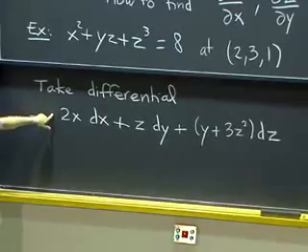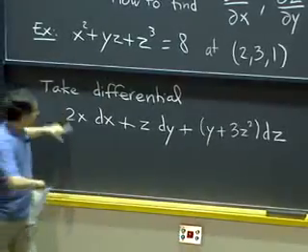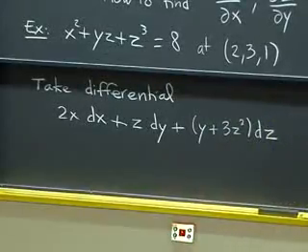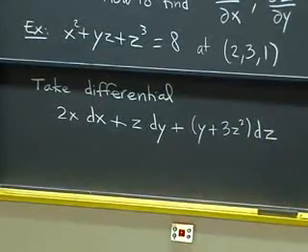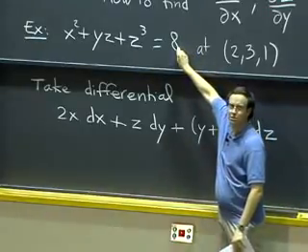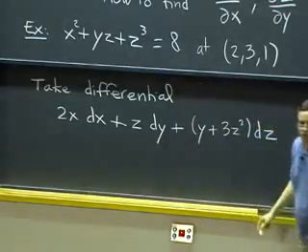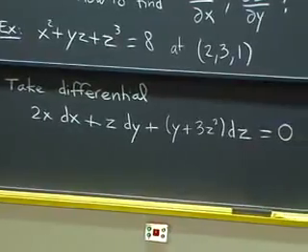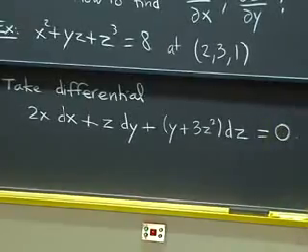No? Okay. So now what do I do with this? Well, this represents somehow variations of G. But, well, I've set this thing equal to 8. And 8 is a constant. So it doesn't change. So, in fact, well, we can set this to 0.